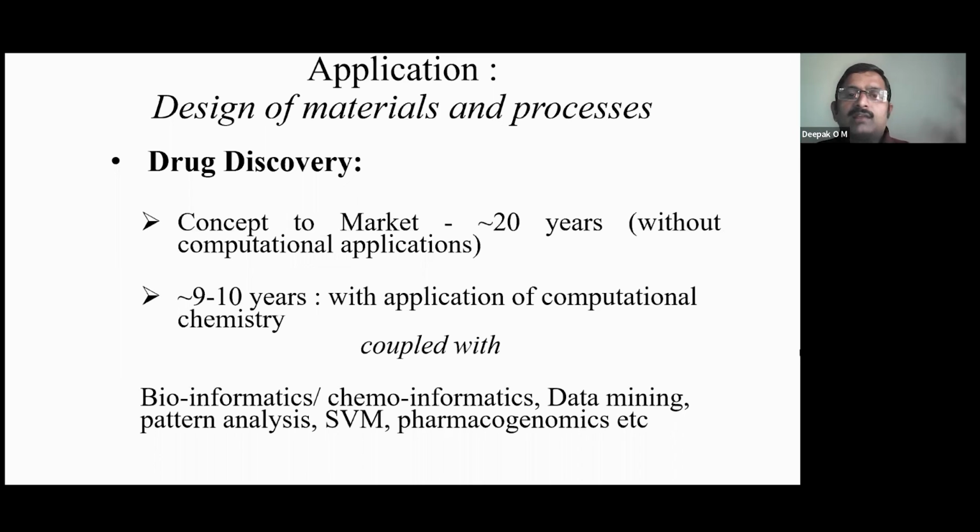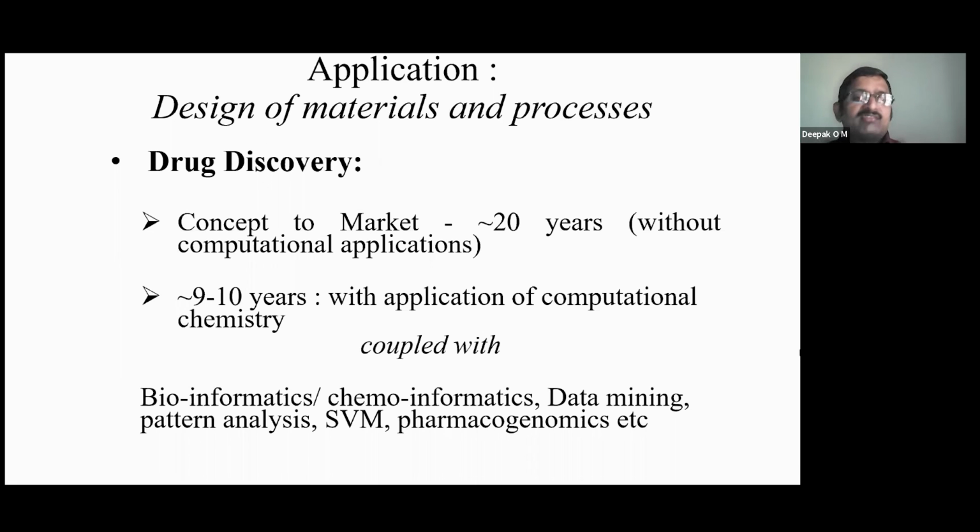Now, with the application of computational chemistry, that time lag has become considerably reduced to just 9 to 10 years. I'm telling some average range only; case to case, there may be differences.